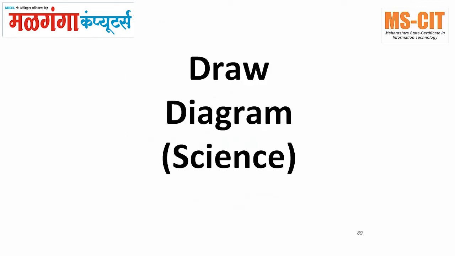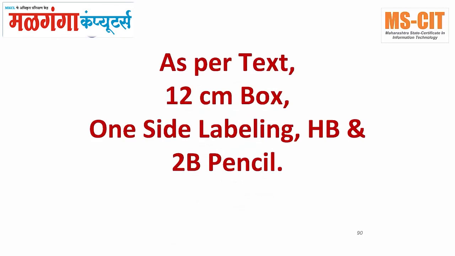Science diagram. Strictly as per the text, and I am suggesting you draw a 12 centimeter box. One box will be there, and under that box you will draw the proper diagram. As far as possible, labeling should be on one side, but it is not a rule.